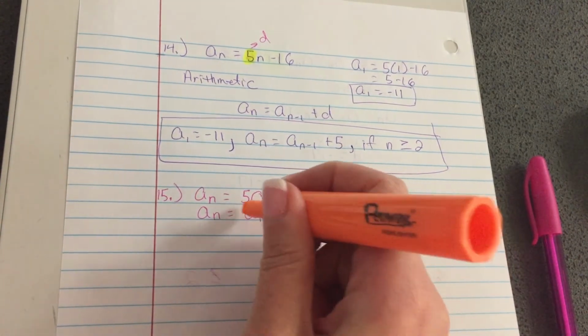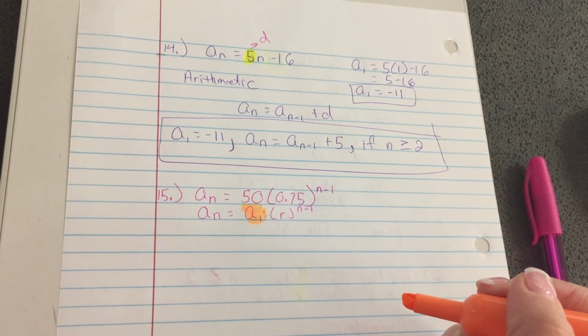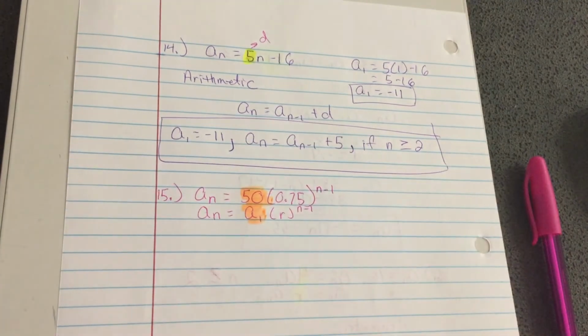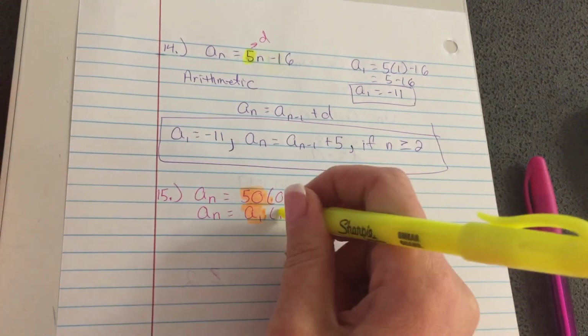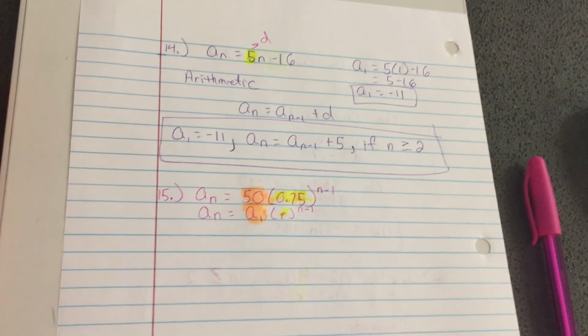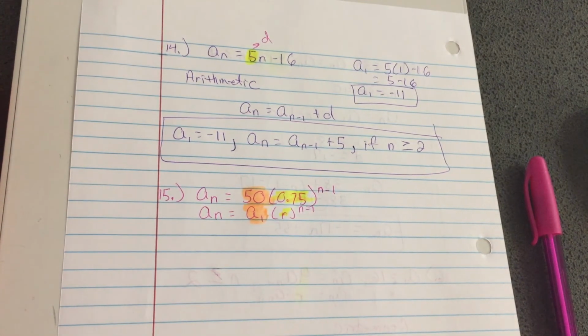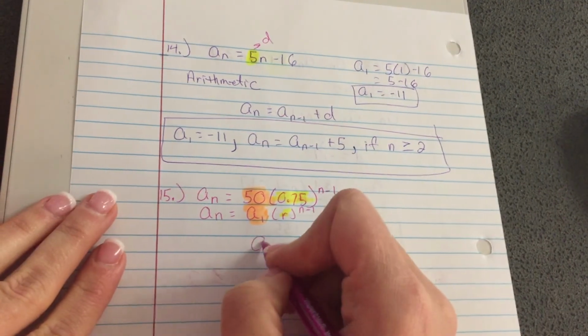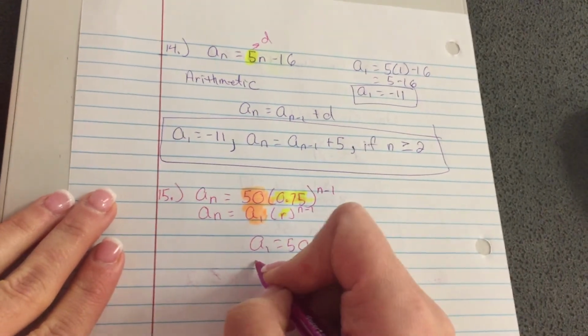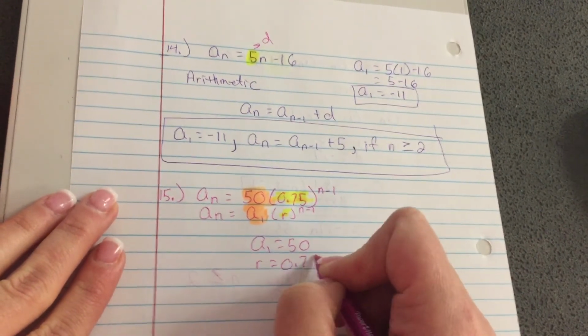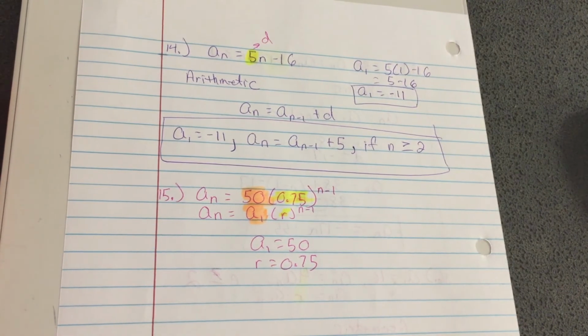So what is the value of A1? 50. R is this. I just found my basic formula. There's numbers, so now I'm matching them up. So A1 equals 50 and R equals 0.75. Everything is given to me. Now I have to write the recursive formula, right?